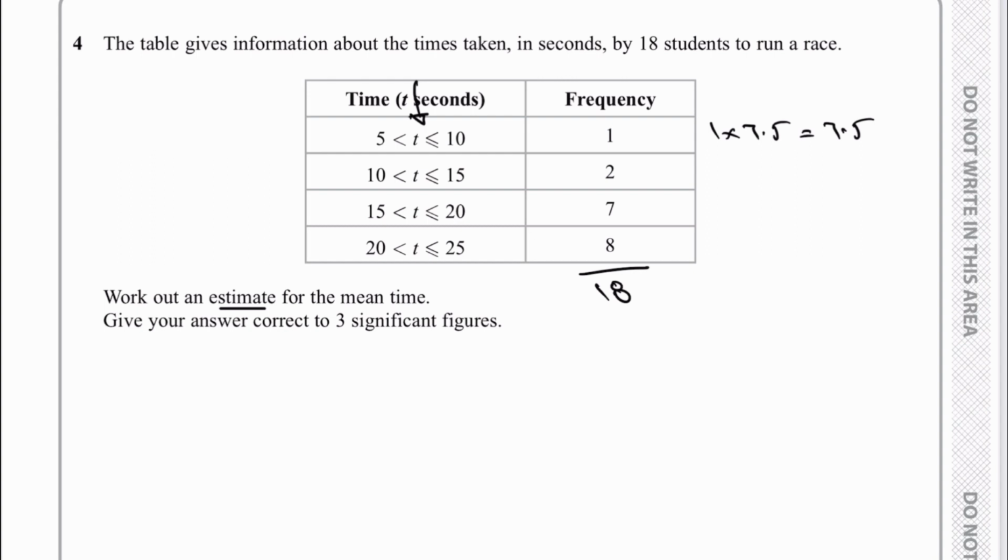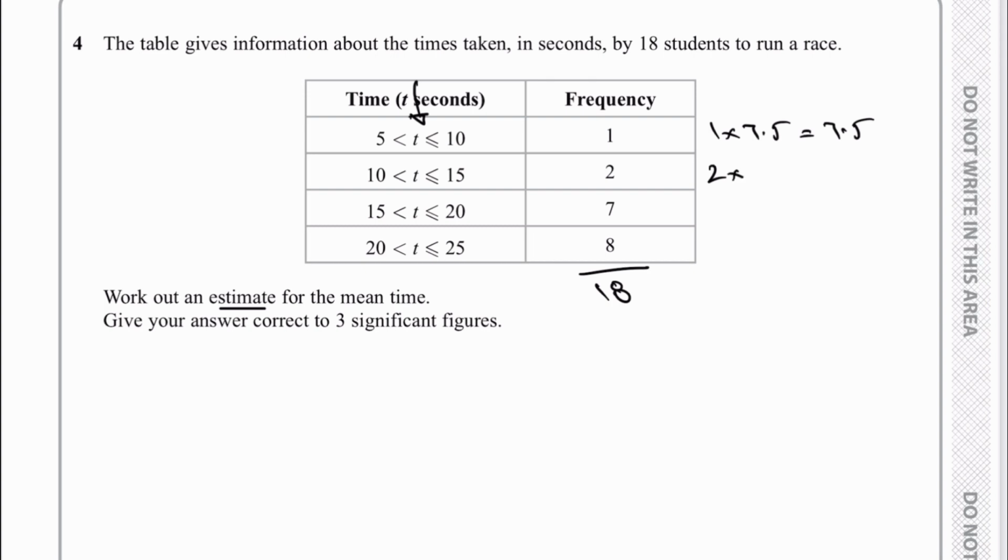Now it could be true that actually he or she achieved 10 seconds or 6 seconds or any number you like between 5 and 10. However, what we're looking at is effectively the average of the average, which is why they use the word estimate. And it's the same story really for the next 2 students.